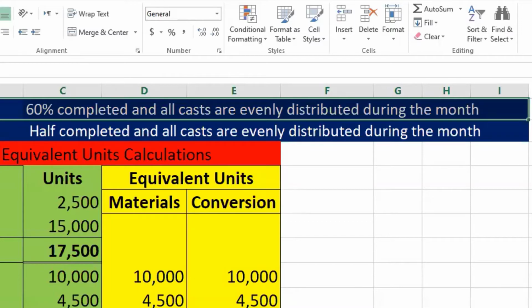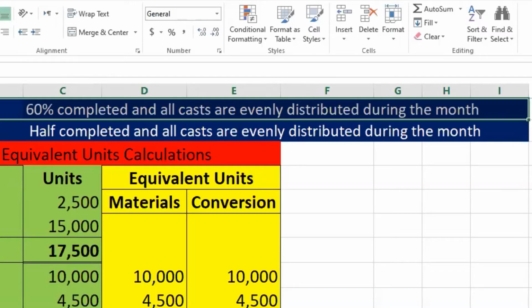Keep in mind that this information might be given in your question as a distraction. It is extra information which cannot be used in the calculation of equivalent units when we are using the weighted average method.